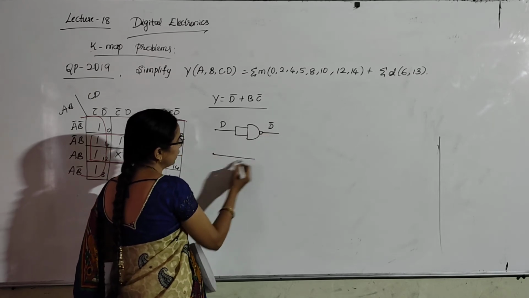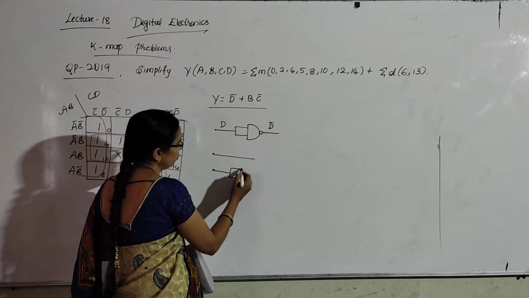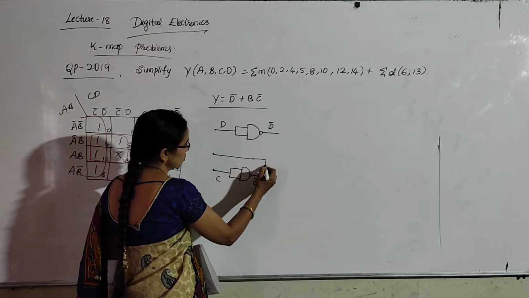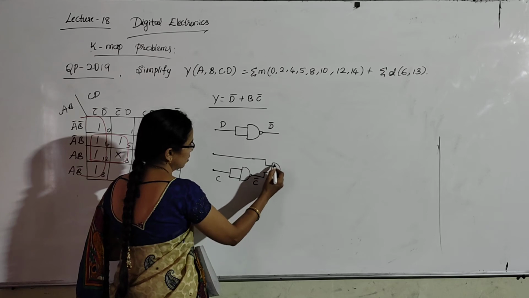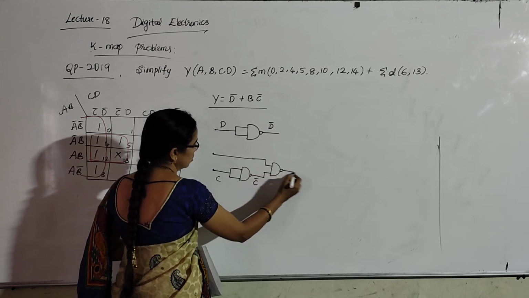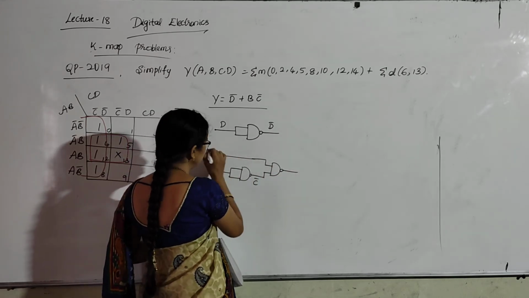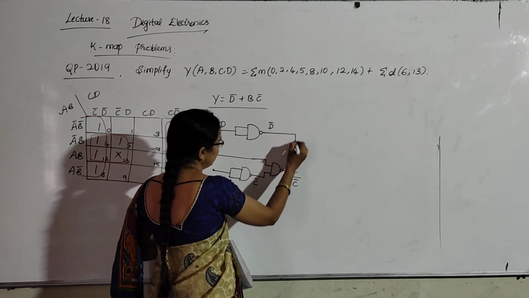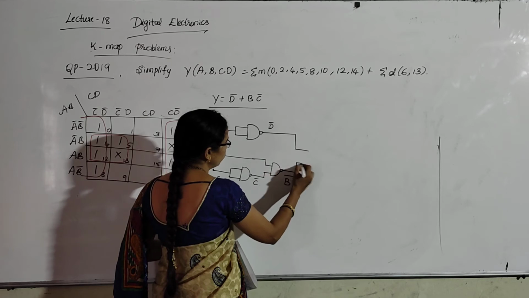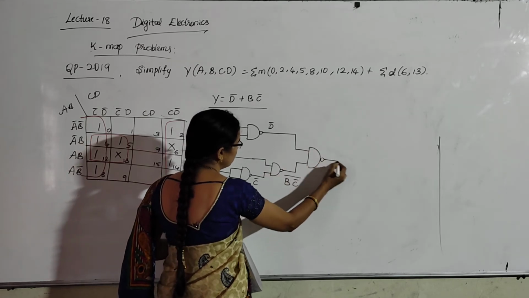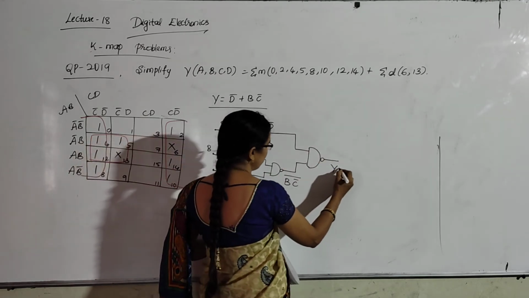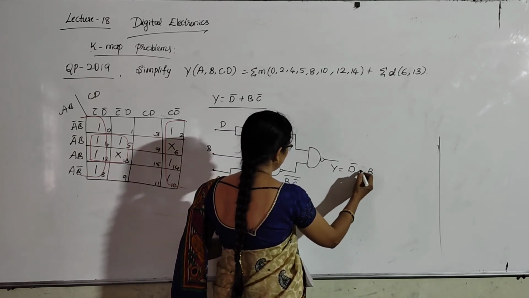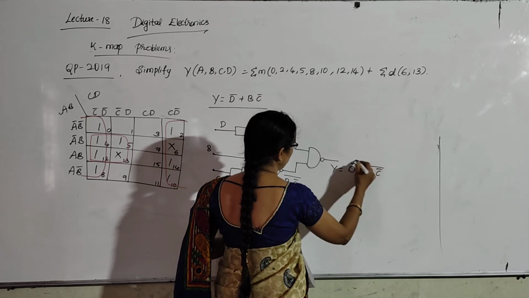B I will take directly, C bar, I will include a NAND gate. Here it is B C bar whole bar and D bar. If I include one more NAND gate, what will be the output of that NAND gate? That Y is equal to D bar into B C bar whole bar, whole bar.